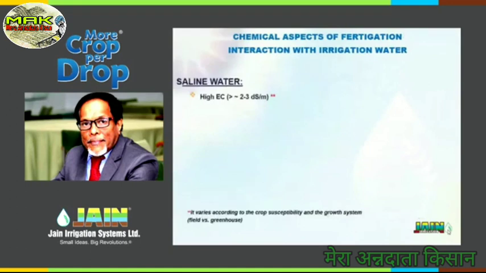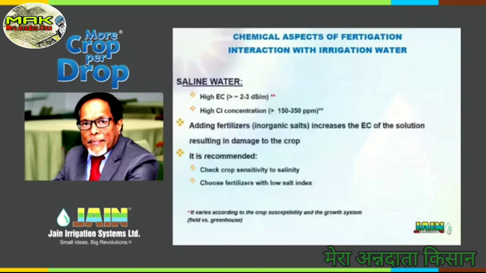Now let us take another type of water, saline water. There are places where water is saline. Please understand, alkalinity is high pH, while salinity is high sodium or chloride concentration. So they are different actually, because you can have alkalino saline water also. That's a different issue.